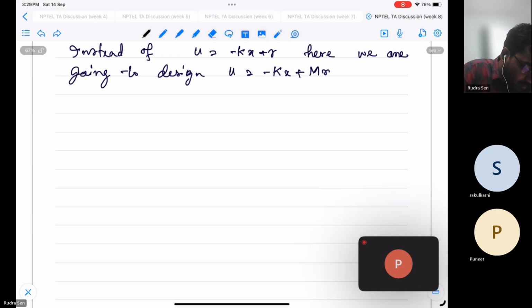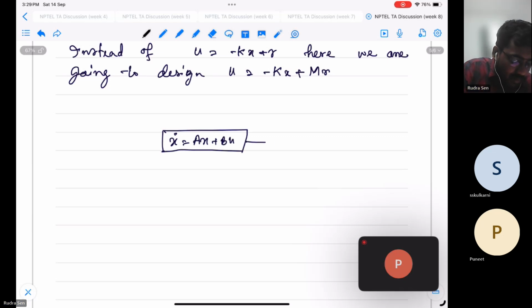I'm not writing down the whole thing. Let's say this is x dot equals Ax plus Bu, this is the whole system, and y equals Cx.